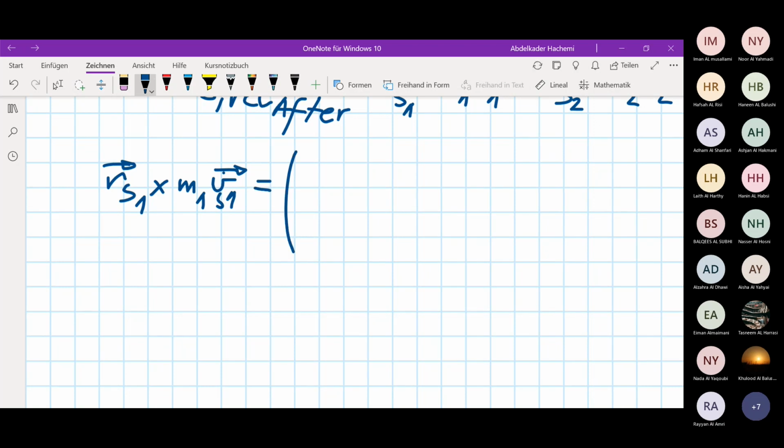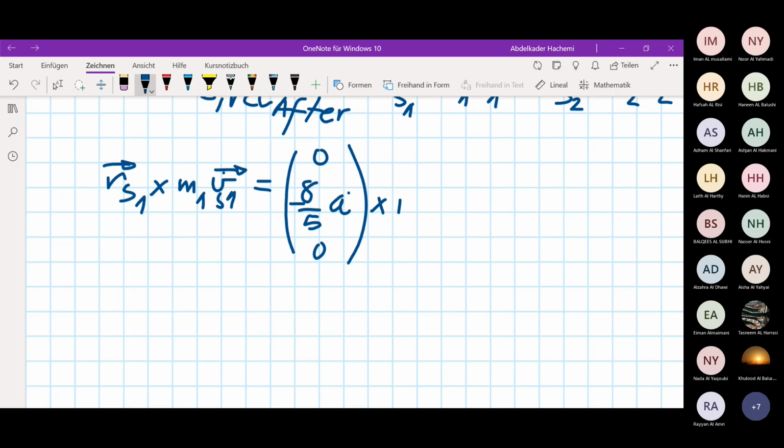This will give here 0, minus 8 divided by 5 multiplied by A and 0.